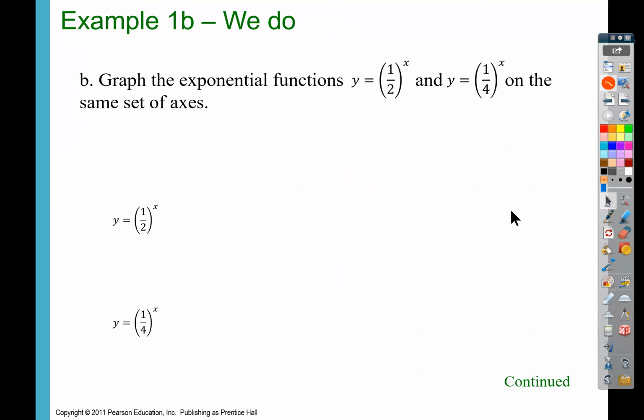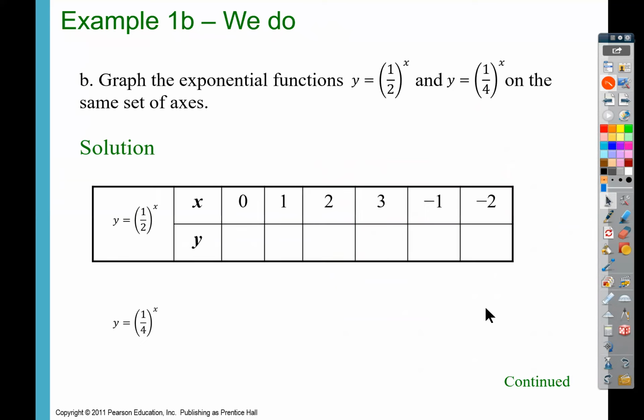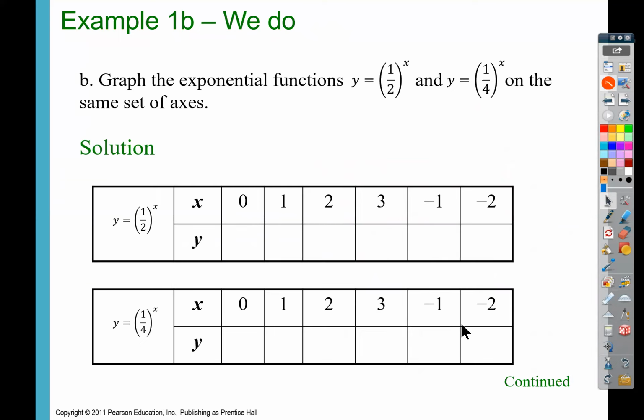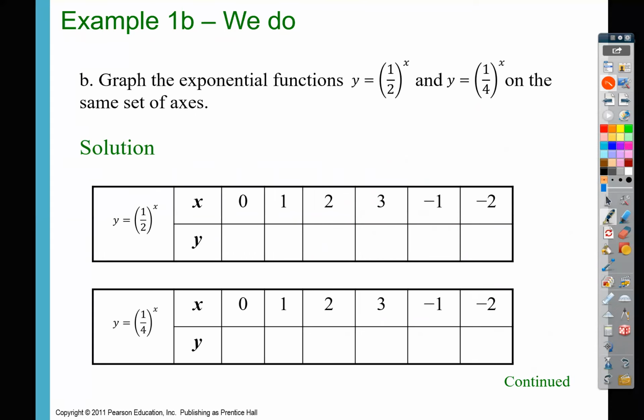All right, so graph the exponential functions on the same set of axes. So we have these now. We're going to plug in some numbers again for these. So just plot from -2 to 2 for right now. Anything raised to the 0 power is 1, 1/2 to the first power, 1/2 squared, 1/2 cubed. Now, 1/2 to the -1 would actually be 2. And 1/2 to the -2, because you would flip it, right?